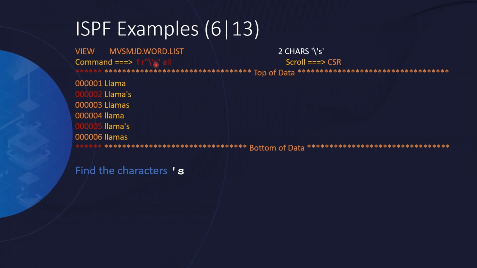And then I'm looking for an S. So I'm looking for apostrophe S. So this is how I express that in a normal regular expression. I want to do find all. Hooray, I found llama's with a capital S and llama's with a lowercase s. So that's how you use regular expressions in ISPF.